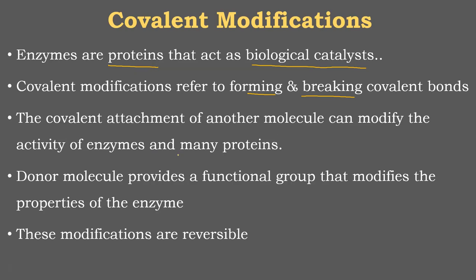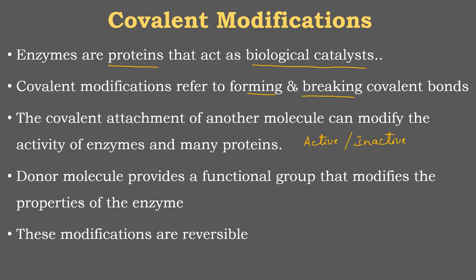Due to the covalent modification, that means either forming or breaking of covalent bonds, what is happening here? They can modify the activity of enzymes. That means they can make the enzymes or proteins active, or they can also make the enzymes inactive. They can do both things by simple covalent modification.